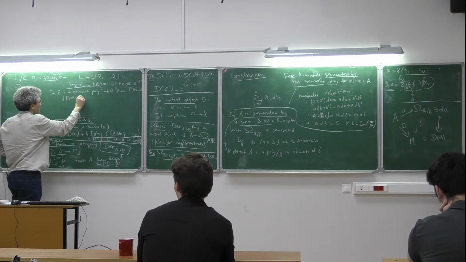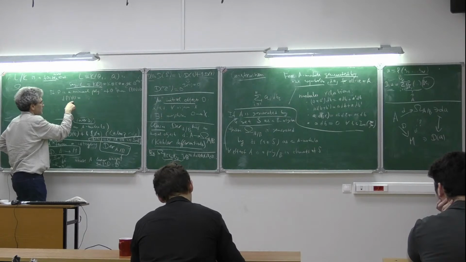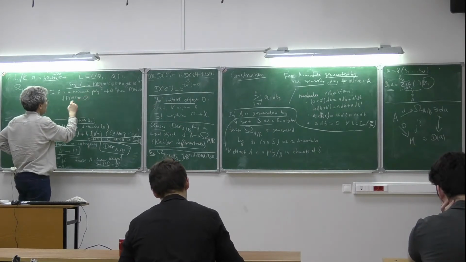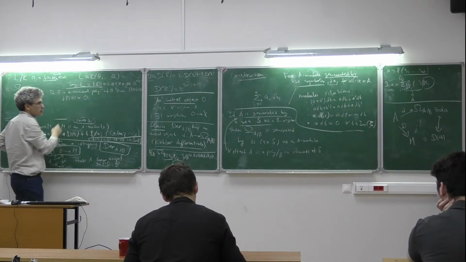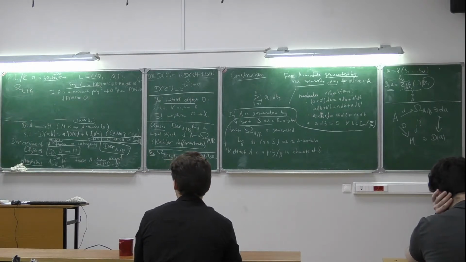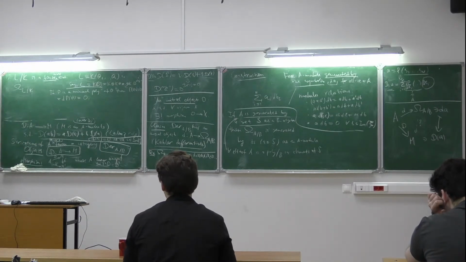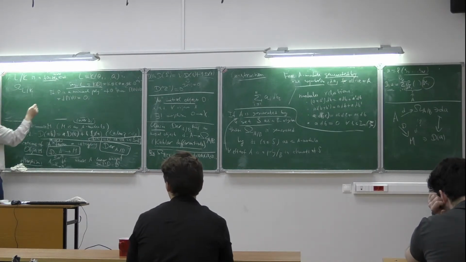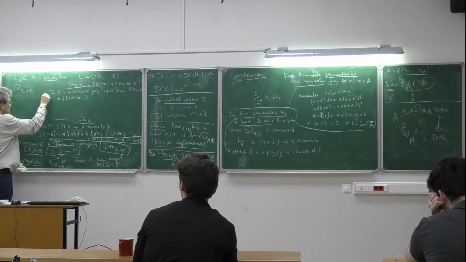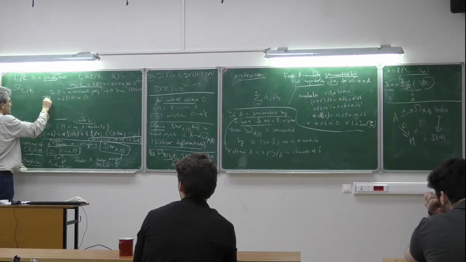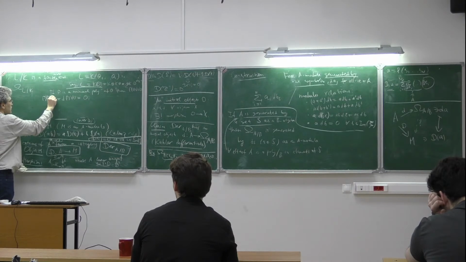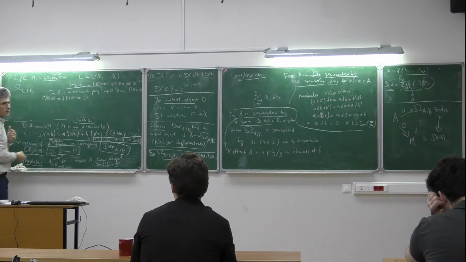Yeah, so it is 0. But what is the differential of a polynomial? It's the derivative times the differential of the element. Yeah. So what does this mean?